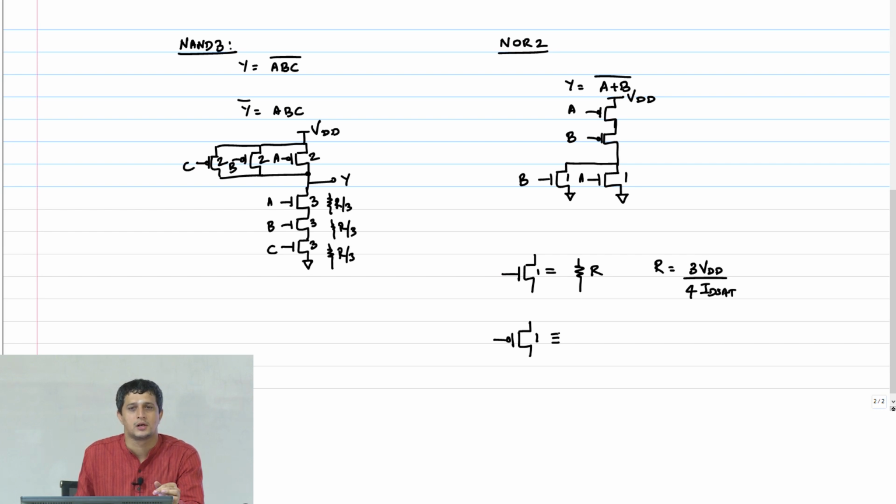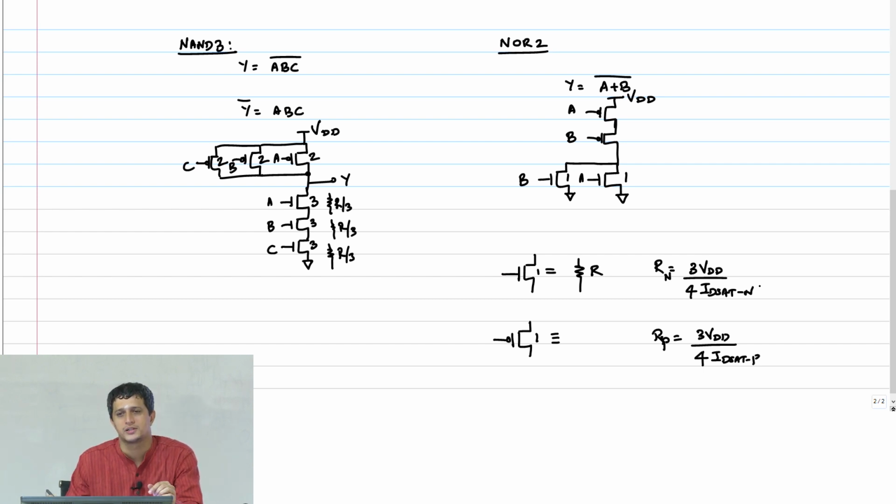A PMOS transistor of the same width will give you 2R. Why? Because the mobility difference is there, right. So if I look at this, NMOS is R, PMOS is 3 VDD by 4 ID SAT P.